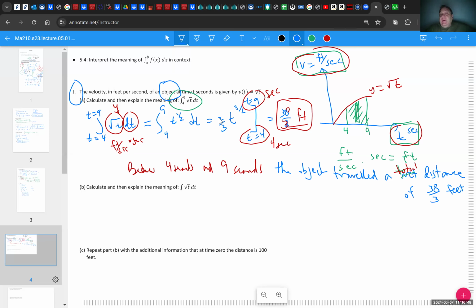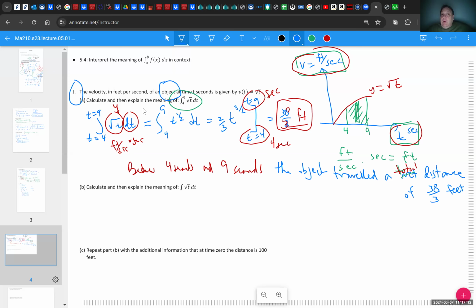That's what we're going to be doing a few times today: evaluating a definite integral, getting a value, and explaining what that value means. And this sentence structure, between this time interval, we have a net total quantity of whatever the integral is equal to, will reappear in pretty much all the answers.